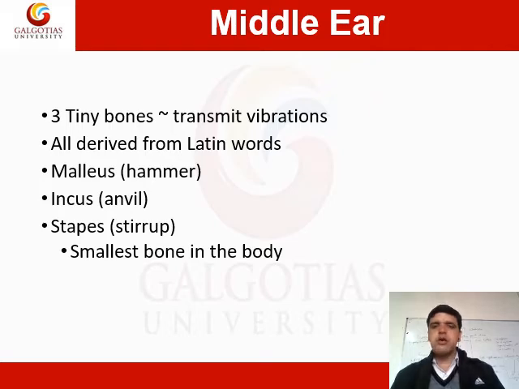Next are the auditory ossicles, or the bones present in the ears. The middle ear comprises three tiny bones which transmit the vibration. Whatever we listen to, it is not that we are hearing the words on their own.